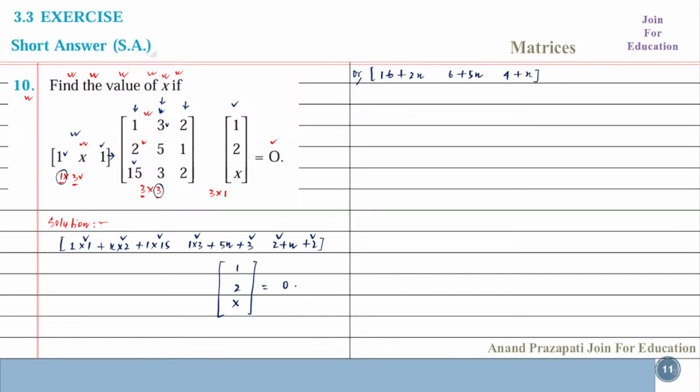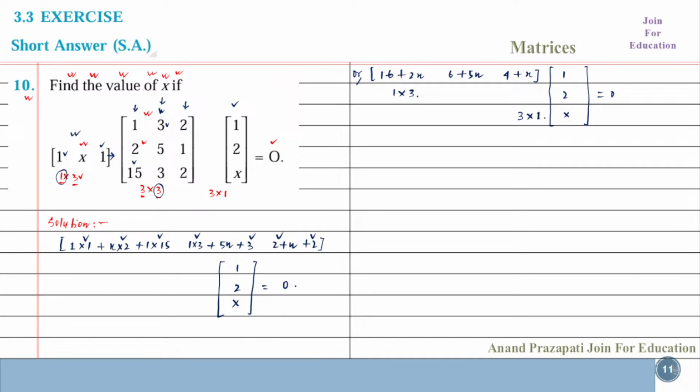This is 1 by 3. We write down here 1, 2 and x equal to 0. This is 3 by 1.